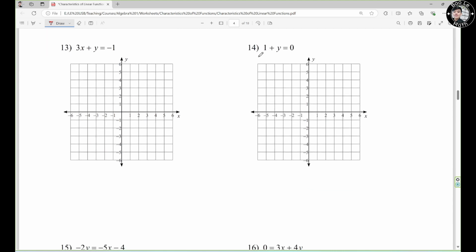Right, let's move on to question number 14. We look at this one, we don't see x, we only see y, right? So we need to solve for y. So y equal to -1. Alright, so we need to graph this one. So we're going to use the Christmas tree trick again.